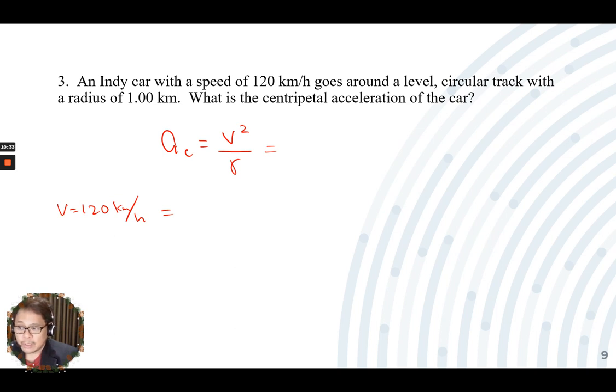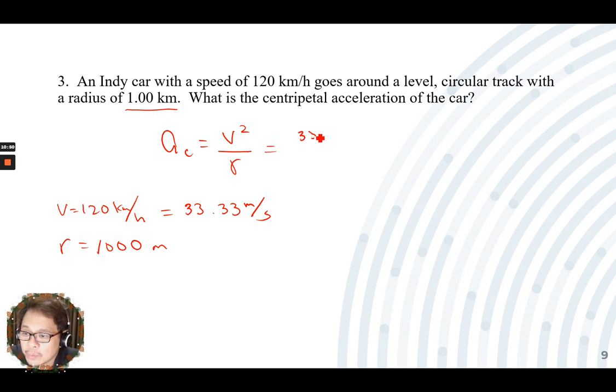So 120 kilometers per hour is equivalent to 33.33 meters per second. And for the radius, we convert this to meters. You get 1,000 meters. So we substitute this into the equation, 33.33 squared divided by the radius 1,000 meters.